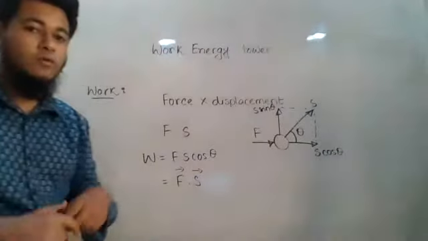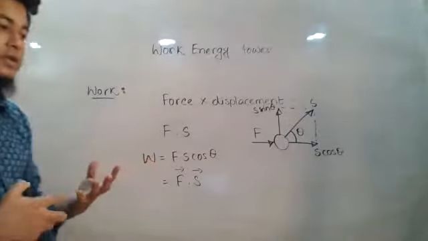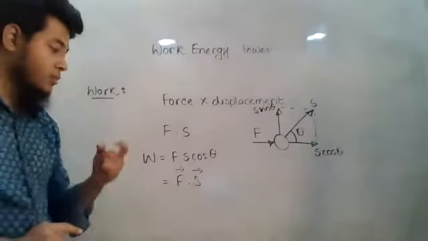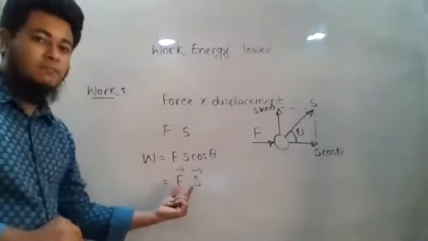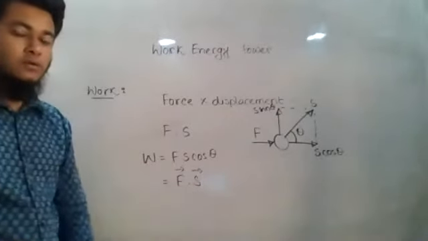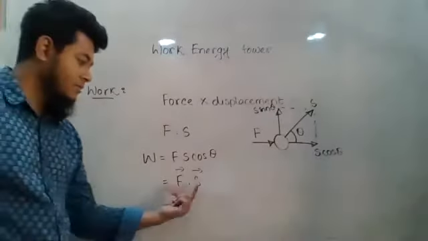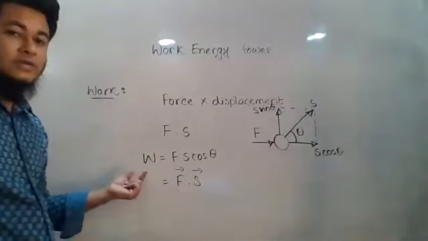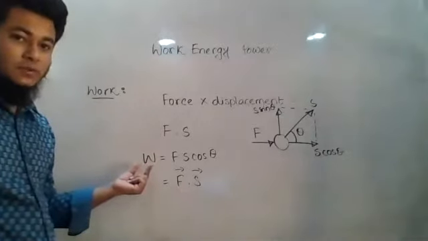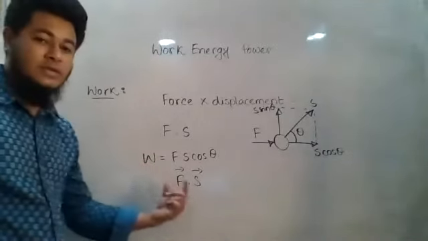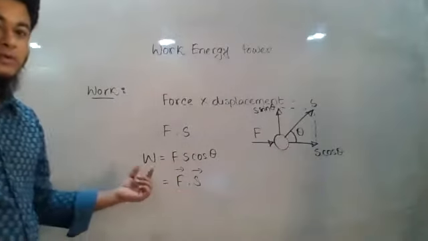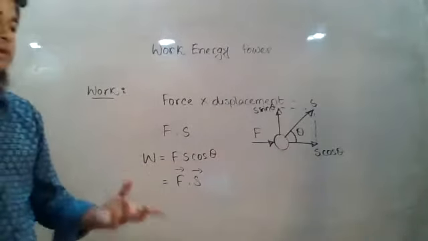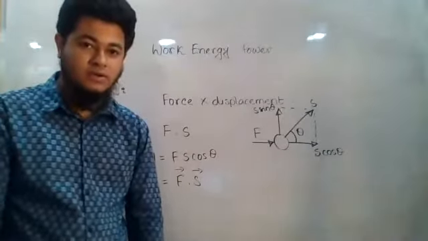Moreover, from one thing we can understand that in dot product only, we get a scalar, by multiplying two vector quantities. If I multiply two vector quantities and the resultant is a scalar quantity, then we can say that the multiplication was a scalar product or a dot product, right? As we know, work does not have any direction, right?